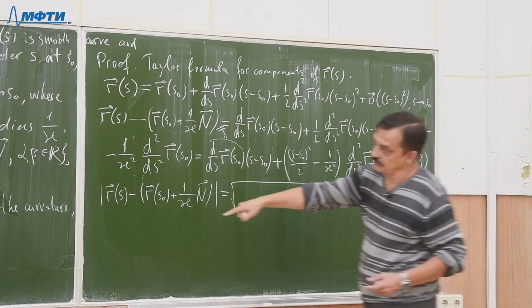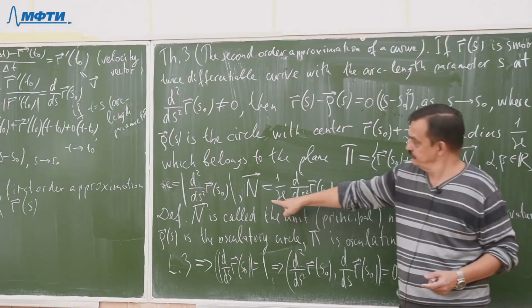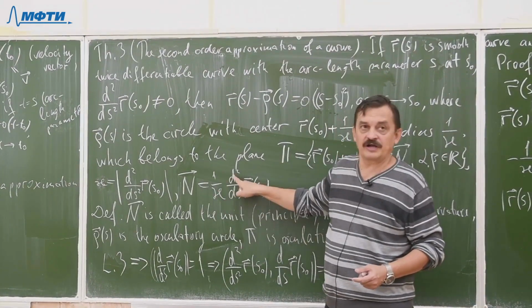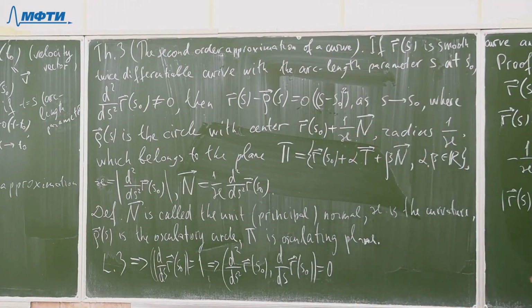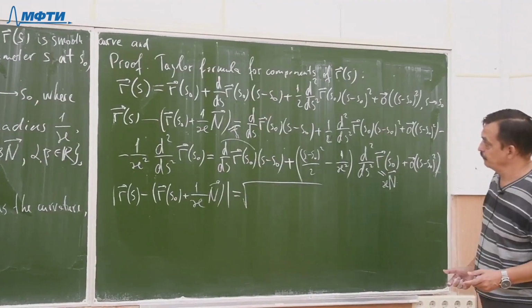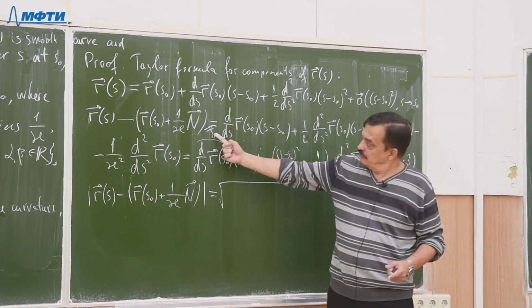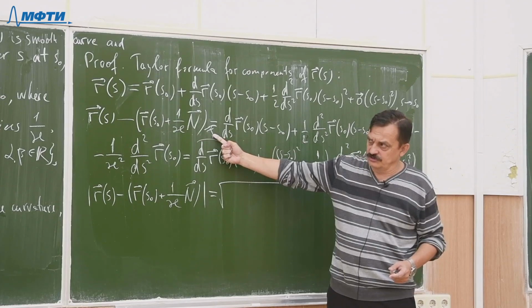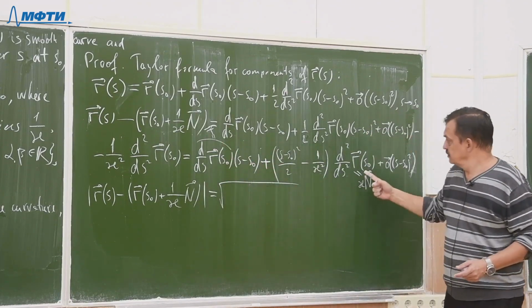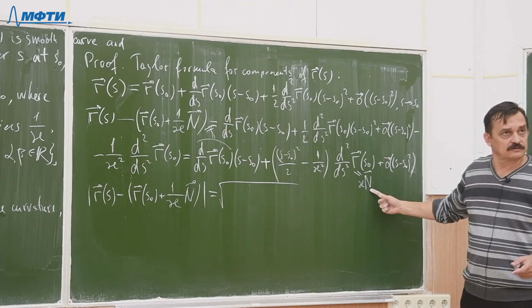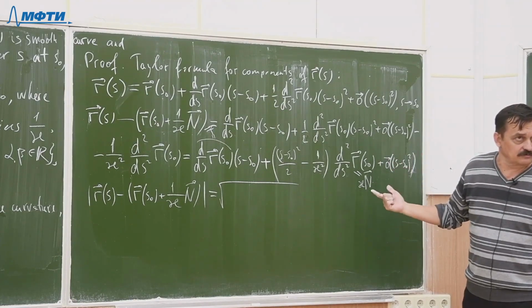Because look how we defined n: n is 1 over kappa times the second derivative. So the second derivative is nothing else but that one. So you see, first vector of our basis, right? Second vector, and also there is a third one, right?